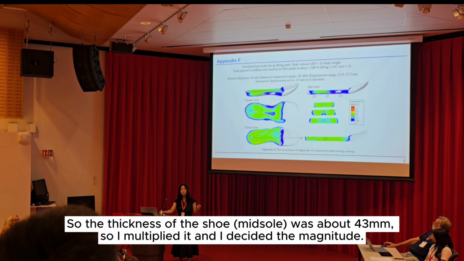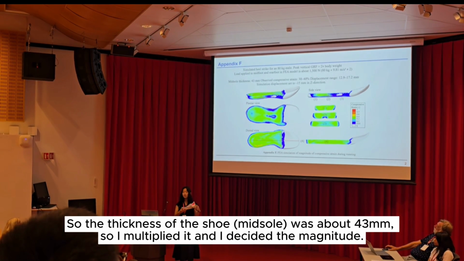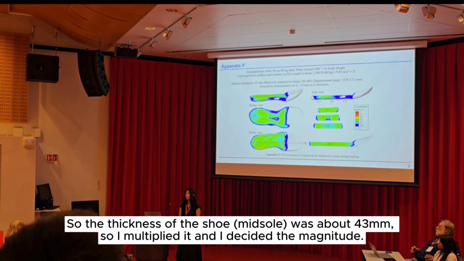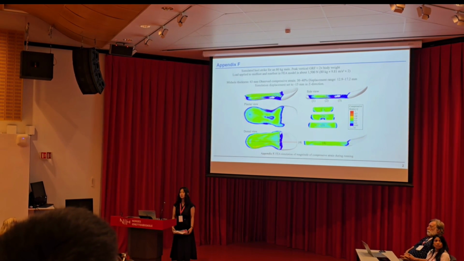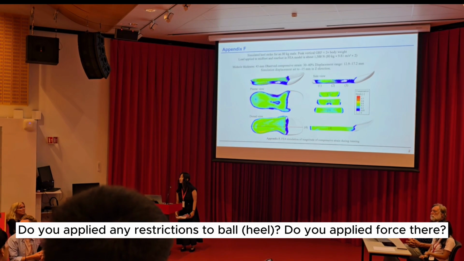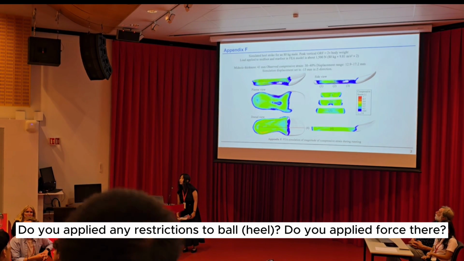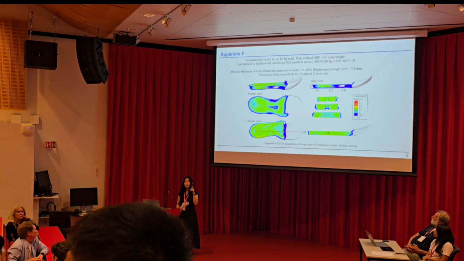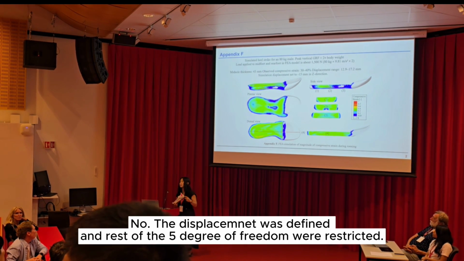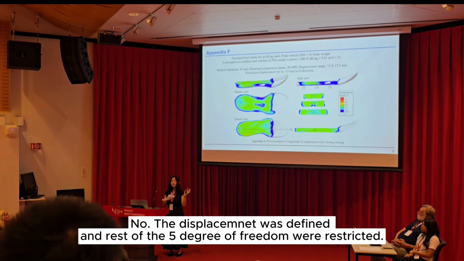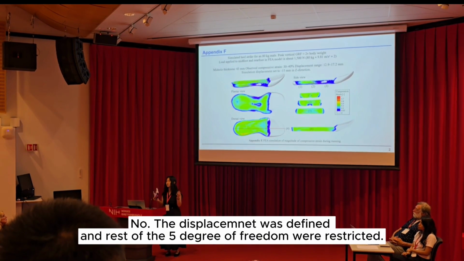The thickness of the shoe was about 43 millimeters, so I multiplied it and decided the magnitude. Did you apply any displacement restriction to the ball while you apply the force to it? No, the displacement was defined, and the rest of the 5 degrees of freedom are restricted.